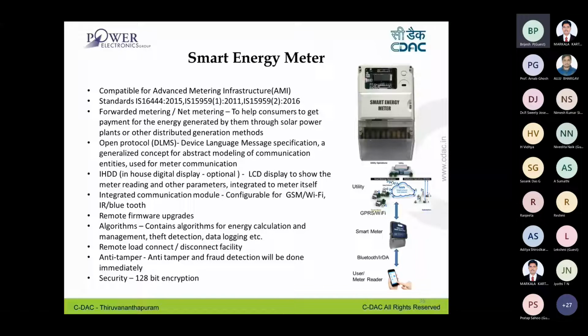We transferred the technology, and some of them are now in the phase of testing the meters. So basically, a smart meter provides bidirectional communication between the user and the utility. That is the possibility with a smart energy meter.